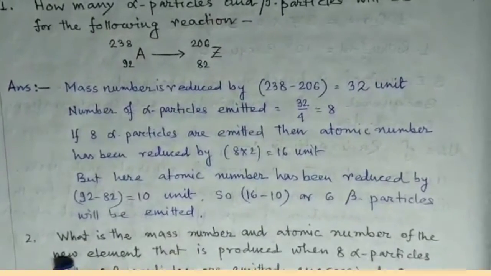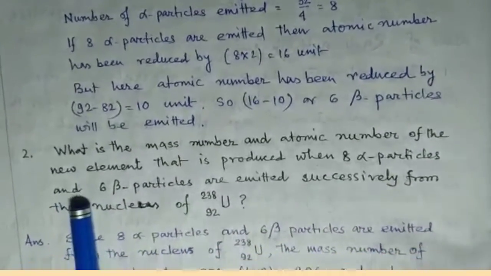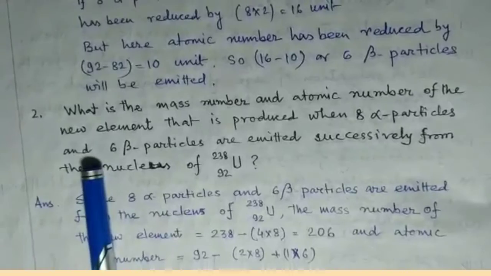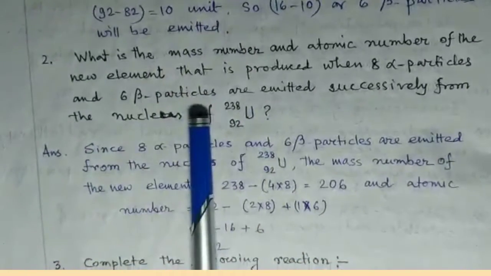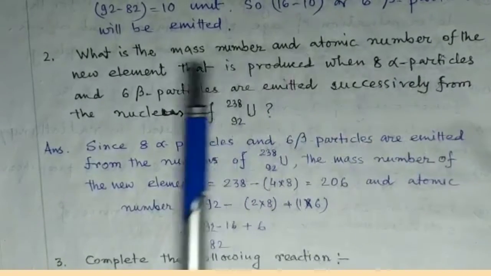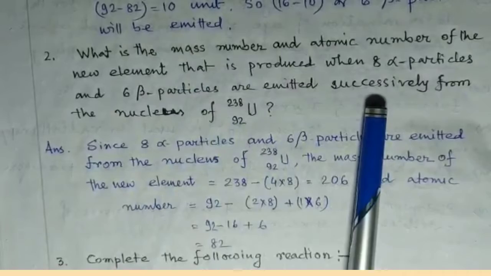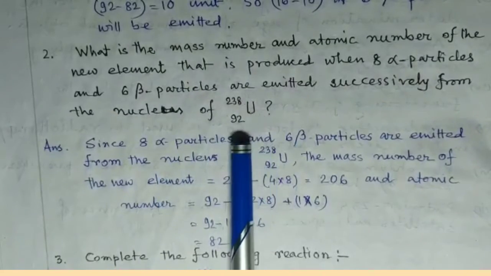The second problem is what is the mass number and atomic number of the new element that is produced when 8 alpha particles and 6 beta particles are emitted successively from the nucleus of uranium 238 92.